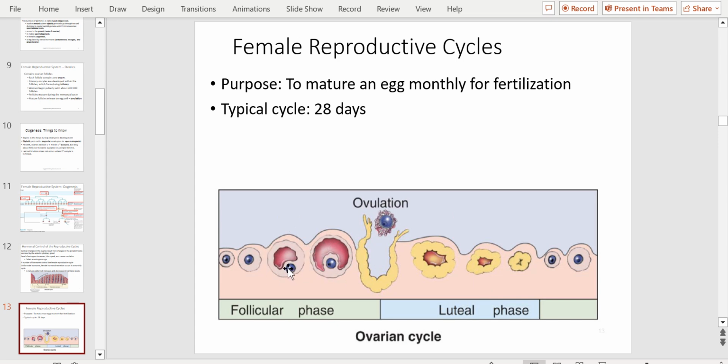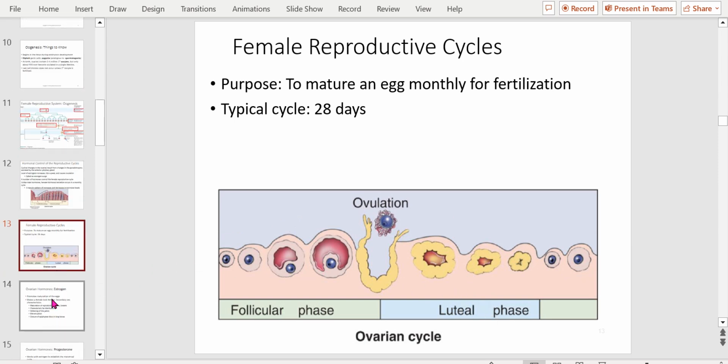This isn't the egg, that's the egg there. But that covering plays a role. So the egg and the covering here, what we call the corpus luteum, plays a role in hormonal control and dictates what goes on in what we call the luteal phase. We'll get there.